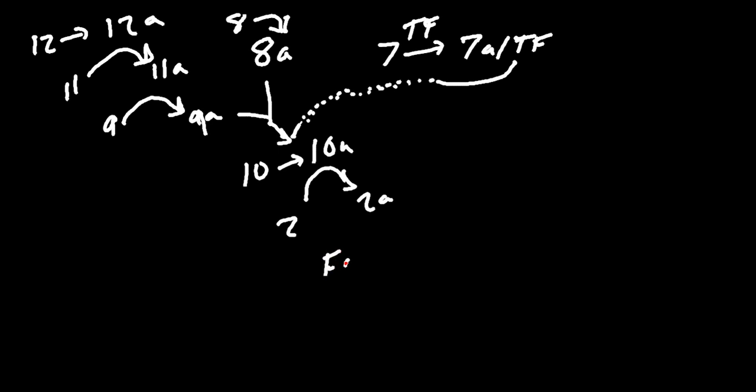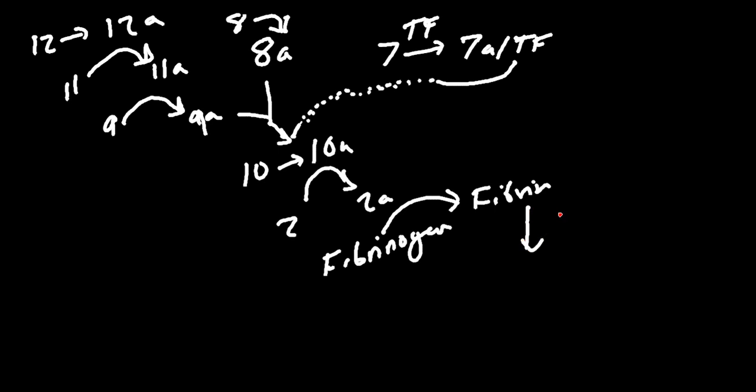Thrombin converts fibrinogen into fibrin. That fibrin is going to be in a monomeric form. We need to somehow cross-link, so we're going to use factor 13. So we're going to have an active 13A. So we're going to have these cross-linkage, this multimer now. So we've got a fibrin clot.